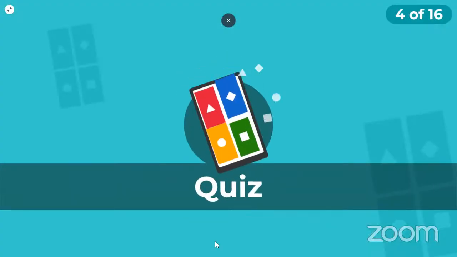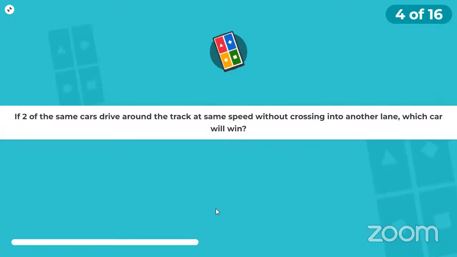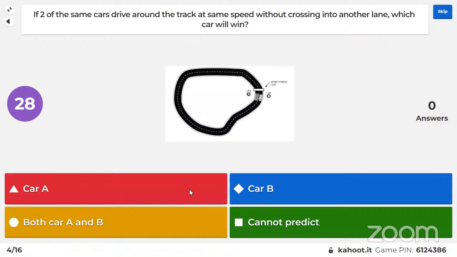Now, fourth. Okay, that was not a tough race.